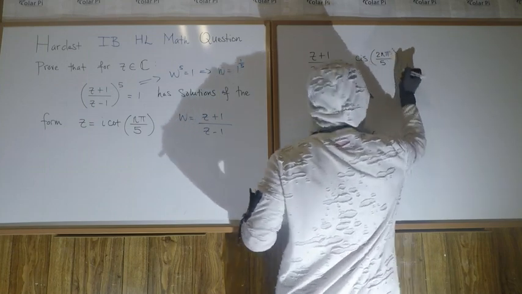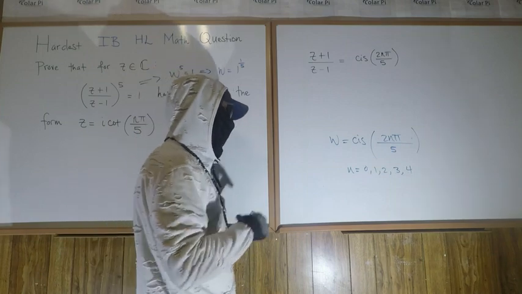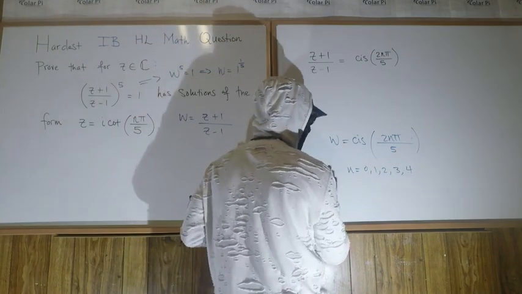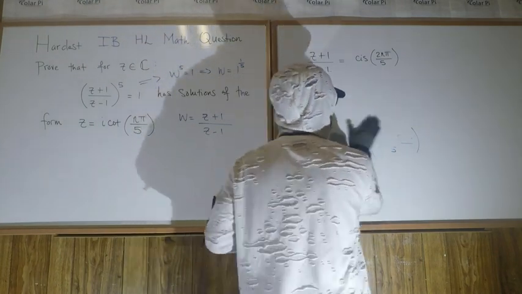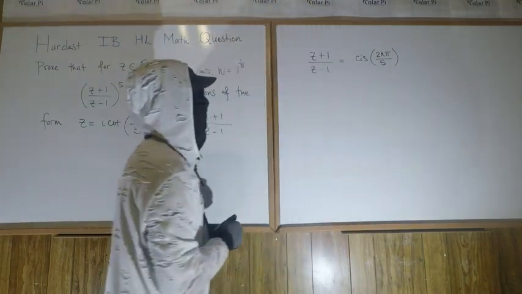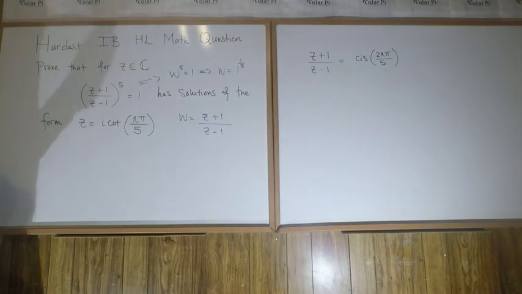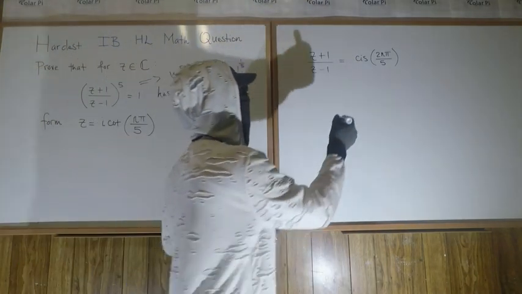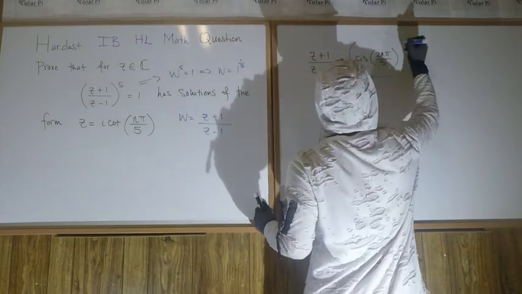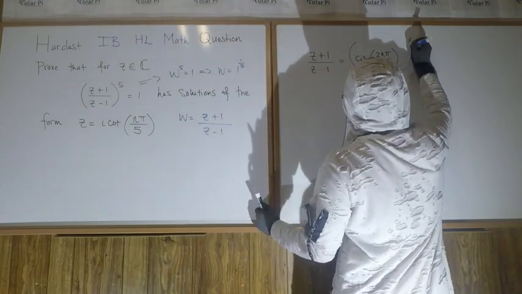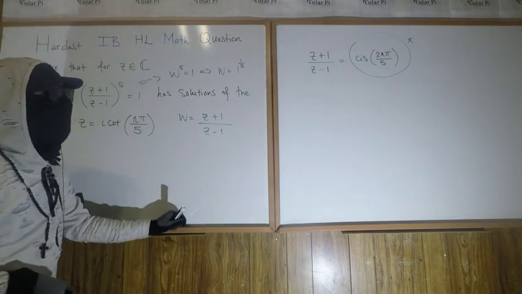Just keep in your head n varying from 0 to 4, otherwise I won't write it because it'd be too much writing. Now, for what I'm about to do next, let's call this x. Yes, we know it's w.